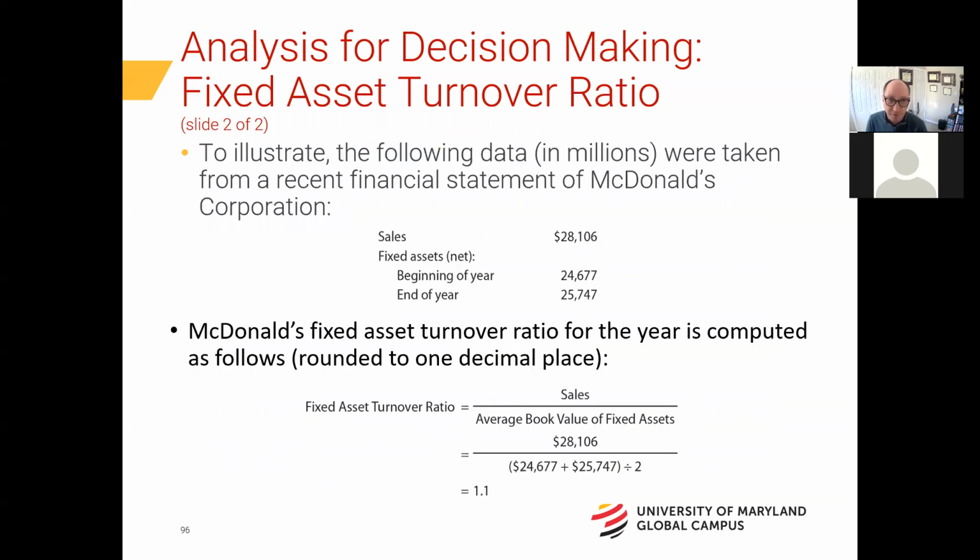The average book value comes from your fixed assets at the beginning of the year plus the value at the end of the year, divided by 2 to get the average. So revenue, sales divided by average fixed assets equals the fixed asset turnover ratio. Anything above 1 is considered good.